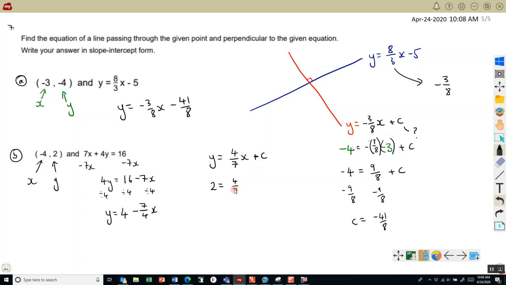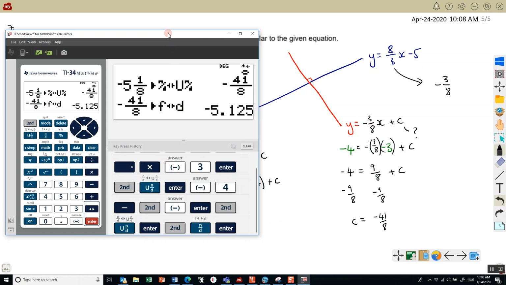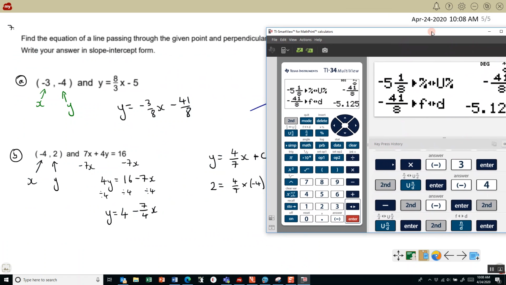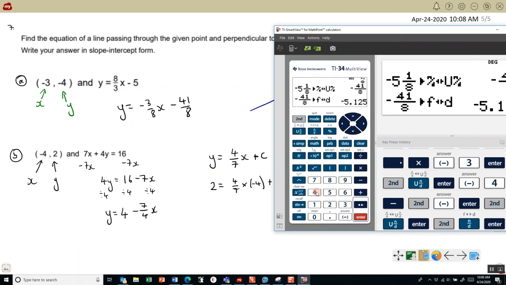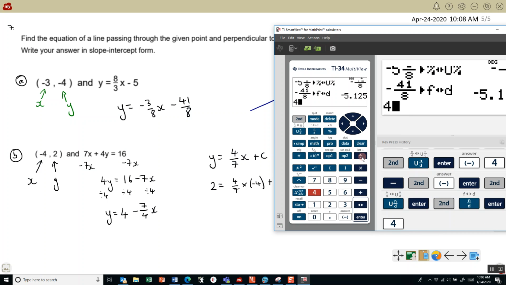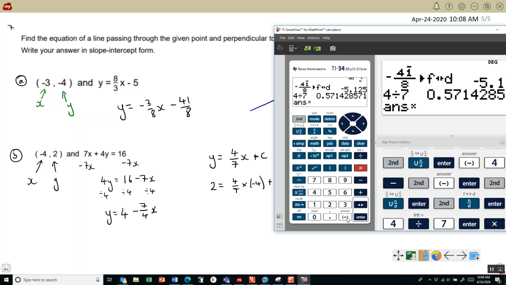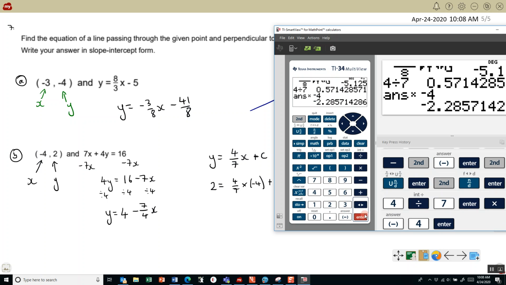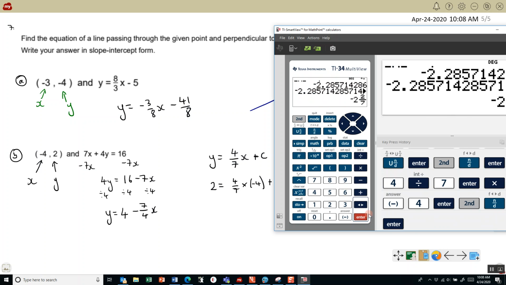So I've got 4 over 7 multiplied by negative 4. I'm going to put this in my calculator. It's the easiest way to do this. 4 over 7, and of course I can put in 4 over 7 just like that, multiplied by negative 4. Okay, so I get this nasty looking decimal. Let's change it into a fraction, make it look a bit nicer if I can.